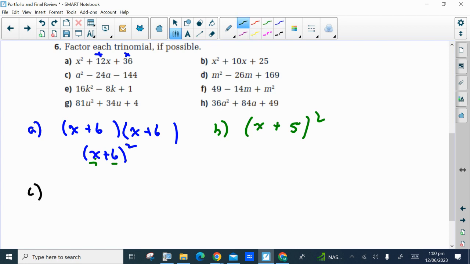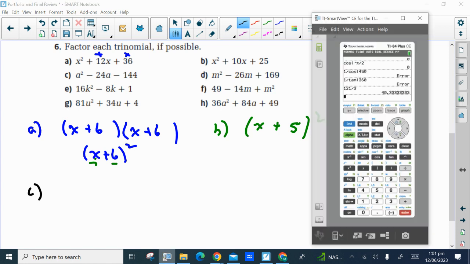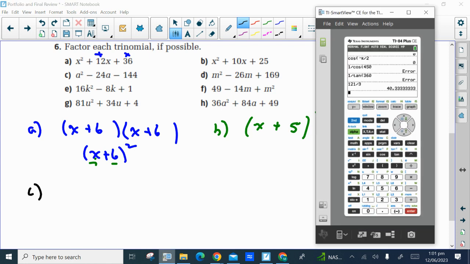C is not a perfect square trinomial because the last term is negative 144. It's not a perfect square because of the negative there. Okay? So, let's see if it is factorable. We'll try and find some numbers that multiply together to get 144 by kind of working backwards. 4 times 36 is 144, but they don't differ to get negative 24.